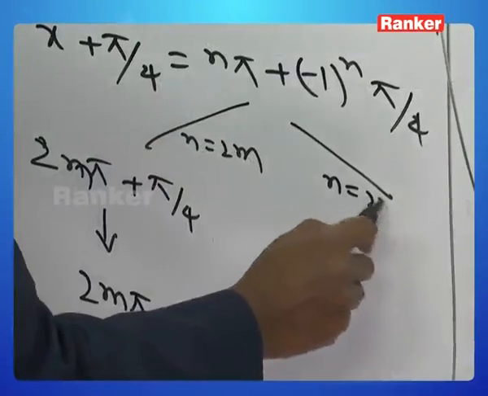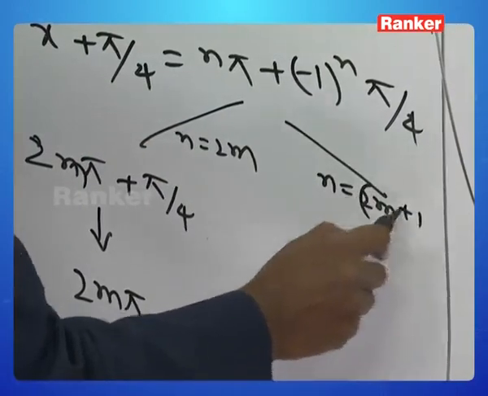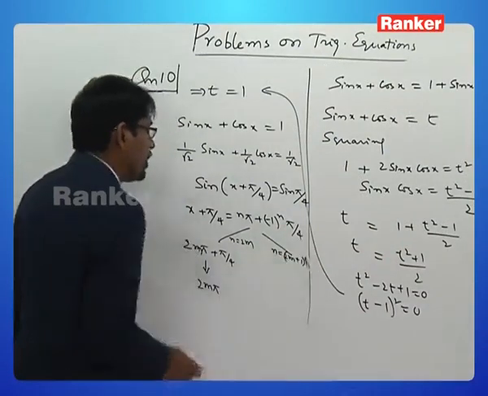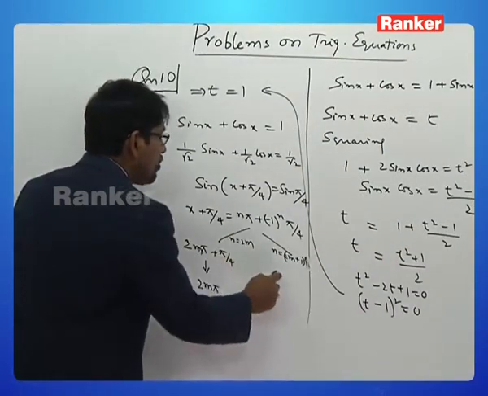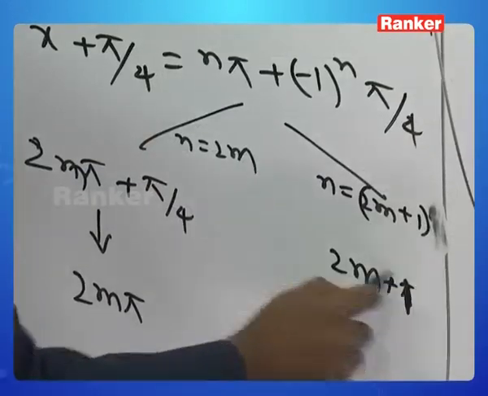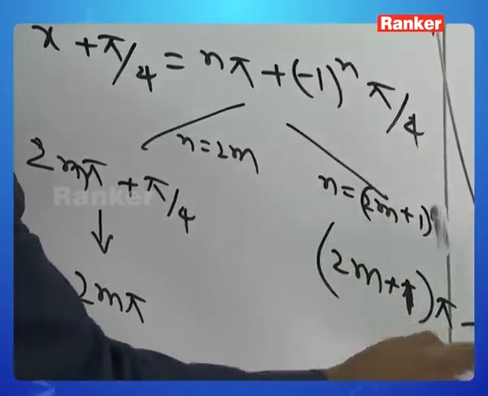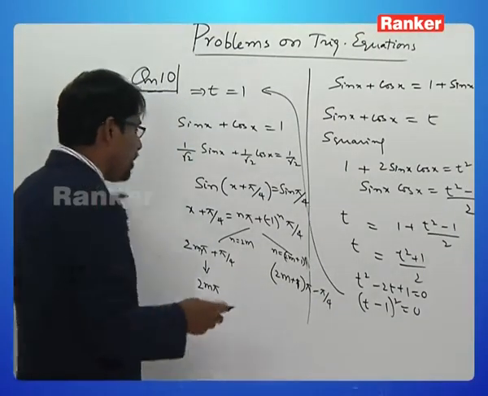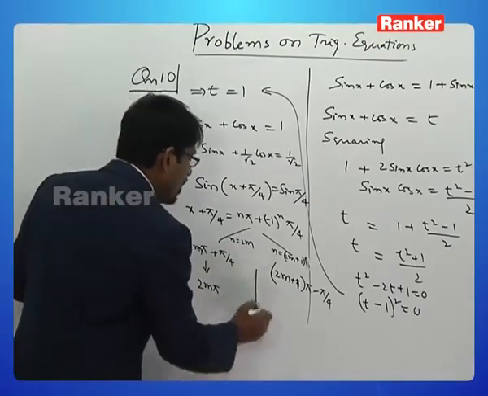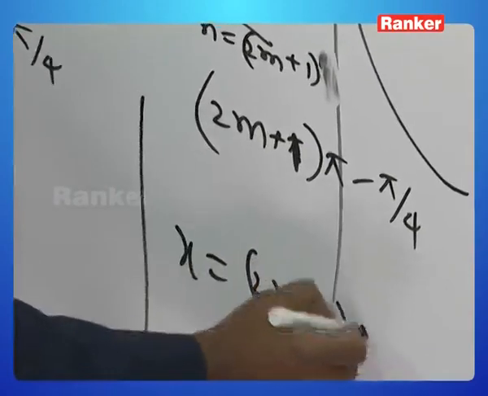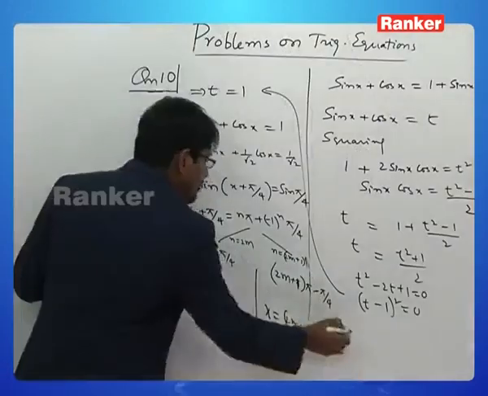Suppose n is of the form 2m plus 1. Then this becomes 2m plus 1 into pi minus pi by 4. So we can bring it to that side, and that gives me x equal to 2m plus 1 into pi minus pi by 2.